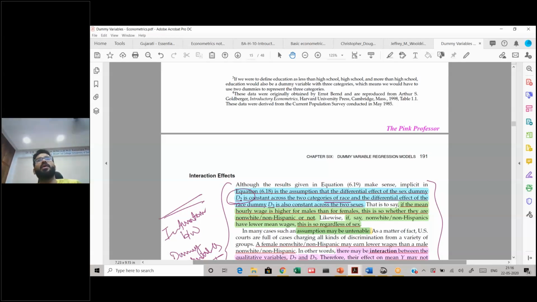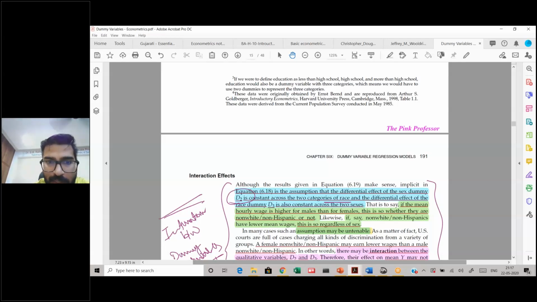That means if we find that the average wage for females is less than males, that average will be less for both, irrespective of the race, whether that person is from the white race or from the non-white race. The average for females will always be lower than the average for males. That is the assumption that we are taking.